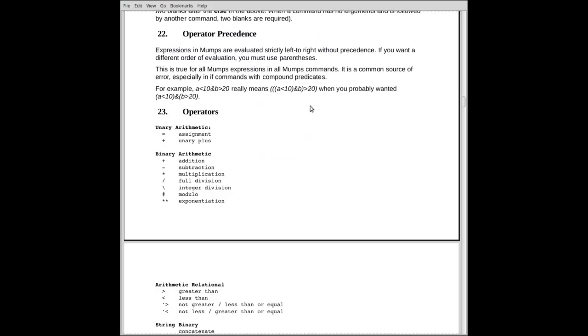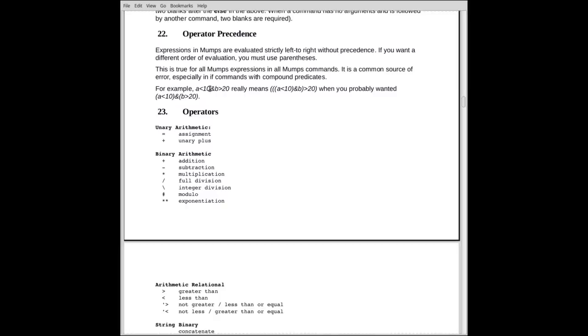Operator precedence. There isn't any. All operators are equal. You parse them from left to right unless there's parentheses. So if I have something like this, A is less than 10 and B is greater than 20, you would expect that if A is less than 10 and if B is greater than 20, then it's true. Not true. What it really means: you test if A is less than 10, and that'll be either true or false, 0 or 1.